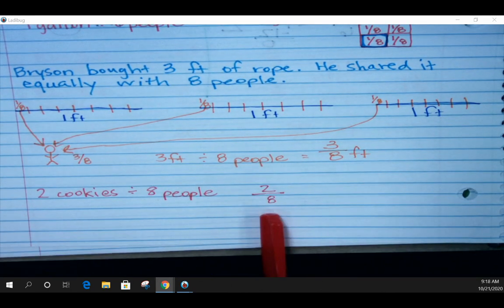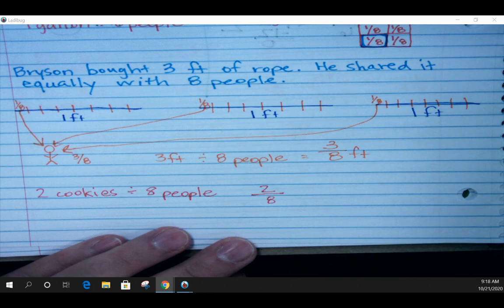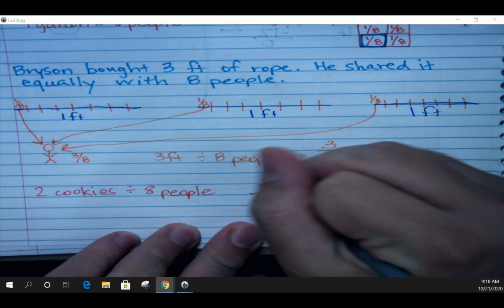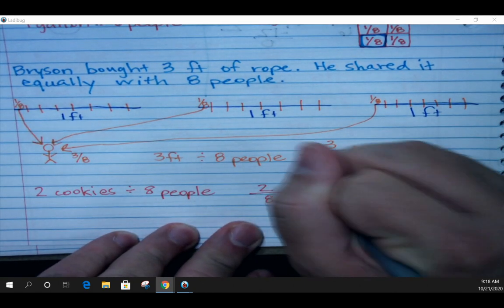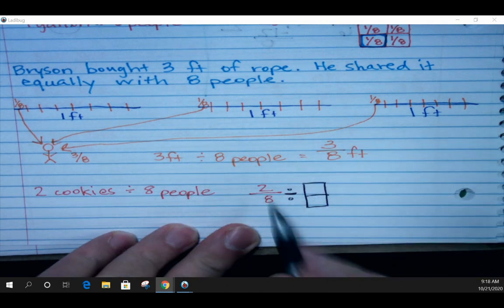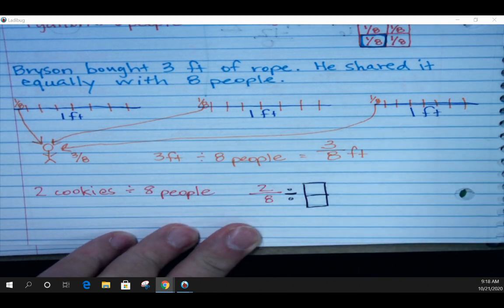Guess what? This number is not simplified. Is it? No. What can I divide by? What will go into 2 and 8? Will 1 go into 2 and 8? Will 2 go into 2 and 8? Will anything else go into 2 and 8?